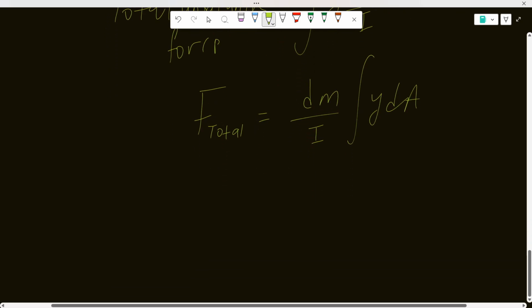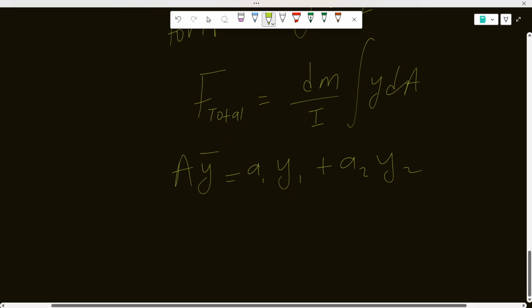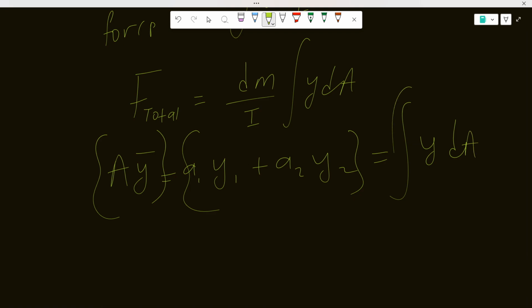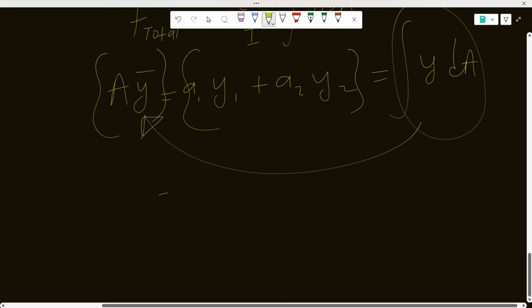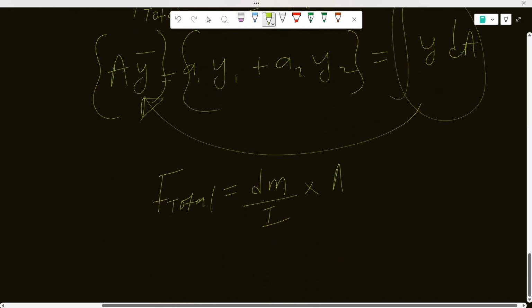But recall that when we did centroid, we had something like A1 y1 plus A2 y2, and that expression must be equal to the integral of y dA. So I can substitute, and my F total must be equal to dM over I times A y bar.